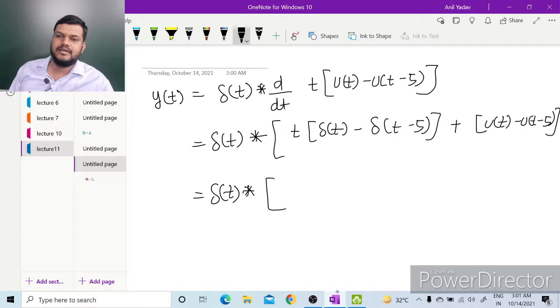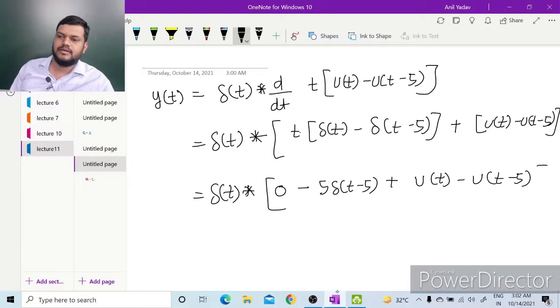Here t multiplied with δ(t) is 0, because from the properties of δ(t), x(t) multiplied with δ(t - t0) is x(t0) δ(t - t0). Here t0 is 0, so x(t0) will be 0, and for the second term t0 is 5, so x(t0) will be 5, multiplied with δ(t-5) also, plus u(t) minus u(t-5).